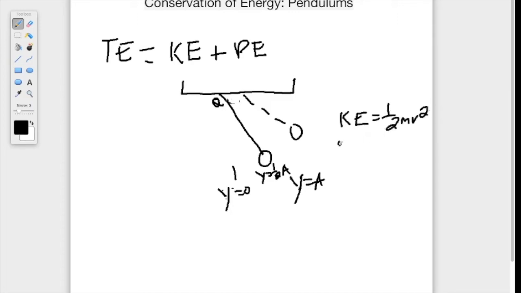But the potential energy would just be mg times 1/2 A. And this comes from potential energy equals mass times gravity times height, or the gravitational potential energy.